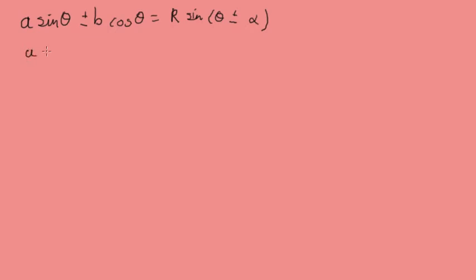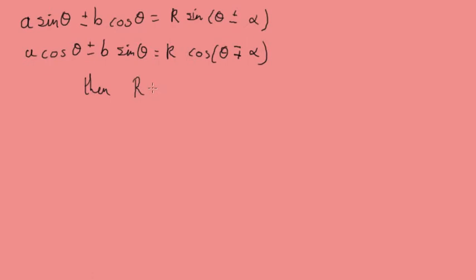Or if we want a cosine theta plus or minus b sine theta equals r cosine(theta minus or plus alpha), then r is going to be equal to the square root of a squared plus b squared, and tan alpha is going to be equal to b over a, and that works for alpha between 0 and 90 degrees.